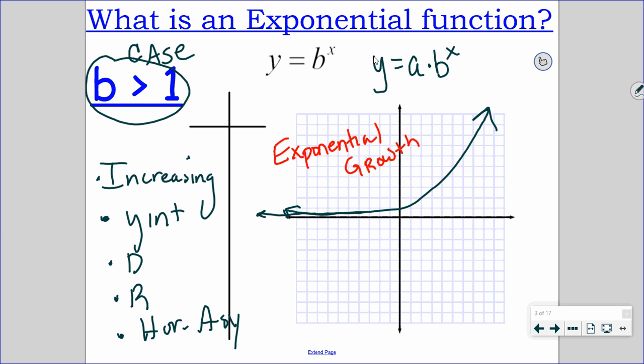Right? So try to fill in those items. What's the domain? What's the range? What's the y-intercept? What's the horizontal asymptote? So fill those things in. So that's when b is greater than 1. First case.